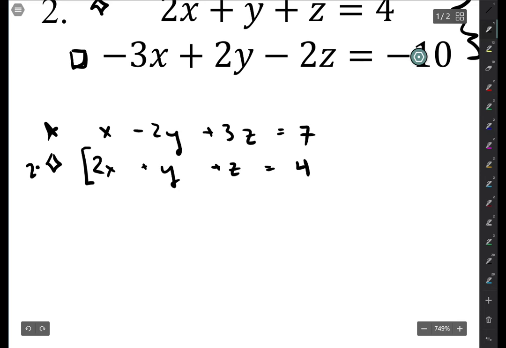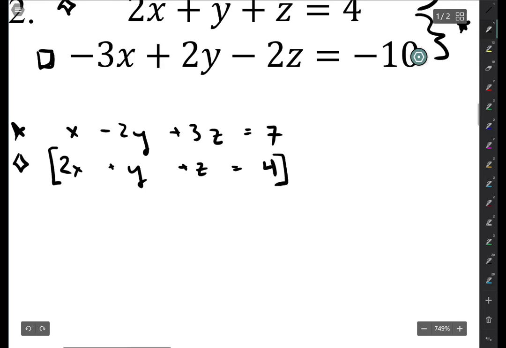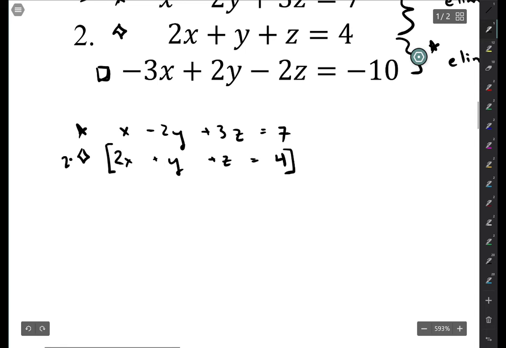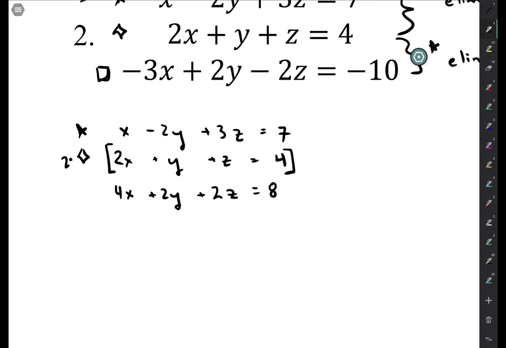So 2 times diamond would give me 4x plus 2y plus 2z equals 8. So this is 2 times diamond.